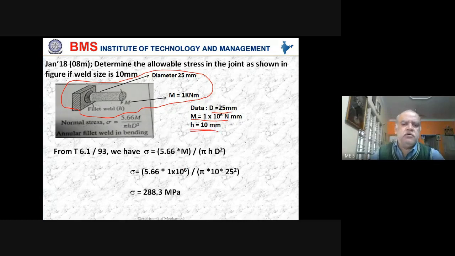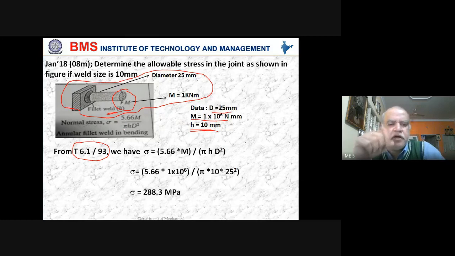Go to table 6.1 and look for this sketch where a circular shaft is subjected to a bending moment. And the fillet weld is h over here, right? So look at the problem and let me know the figure number there.